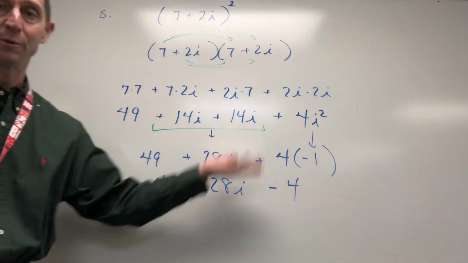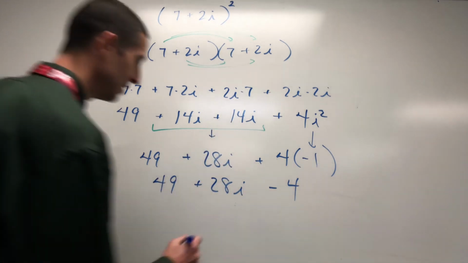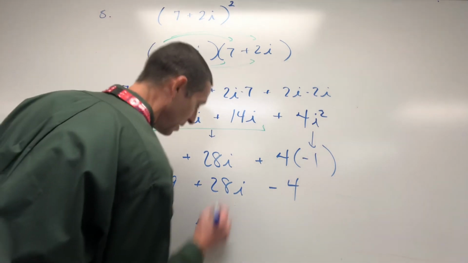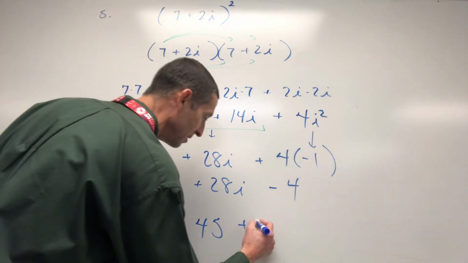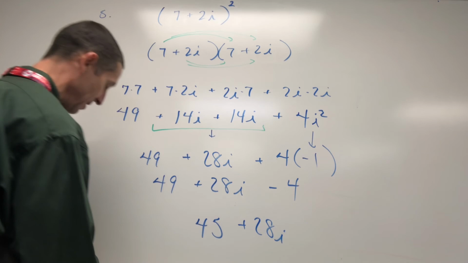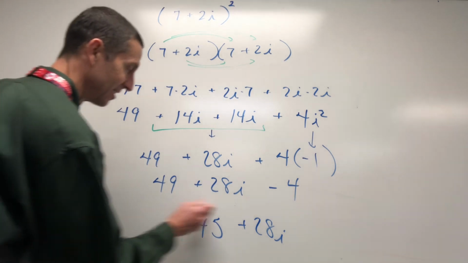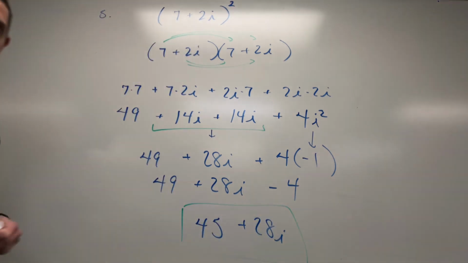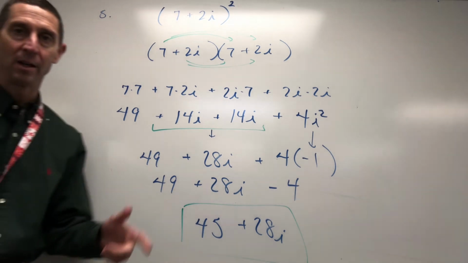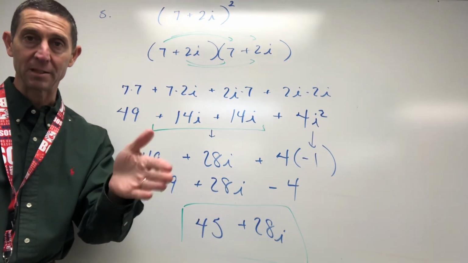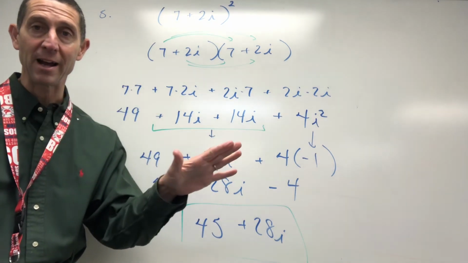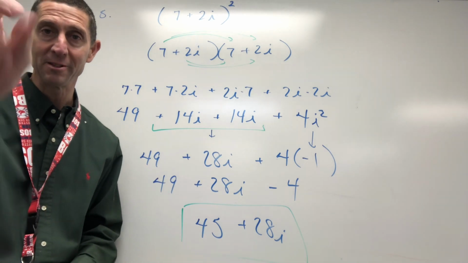So it looks like 49 minus 4, that's all I got left. That becomes 45. Throw in my 28i. Got it in standard form. There we go. So you got to add them, you got to subtract them, you got to multiply them. A whole lot of I values, all complex numbers, all the time.